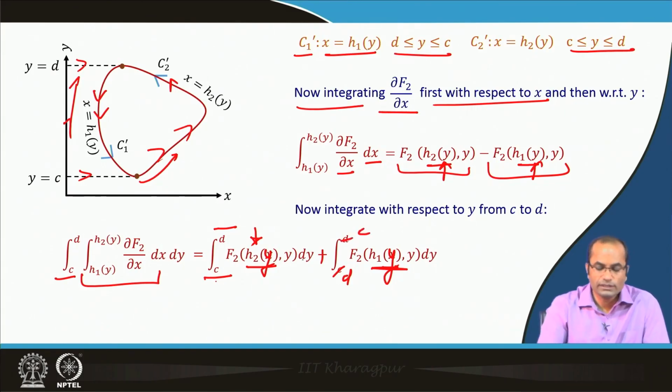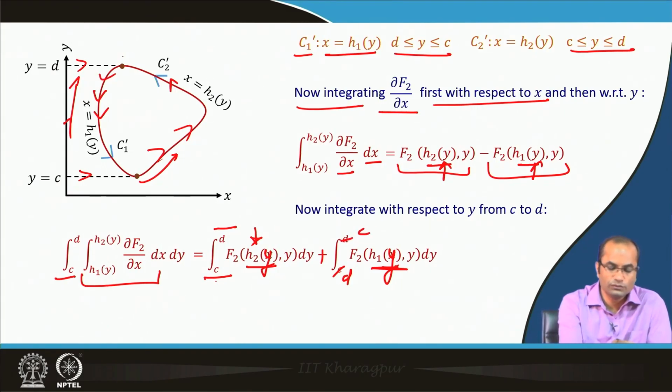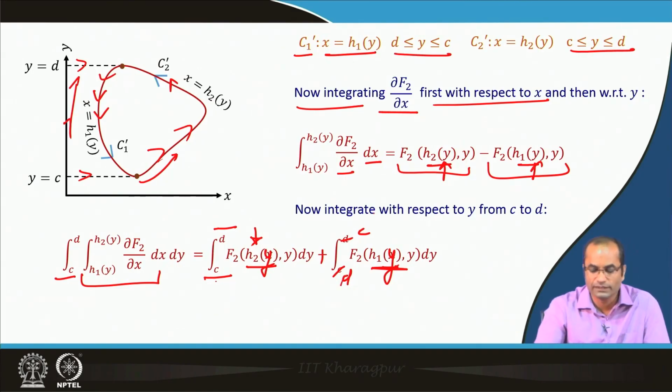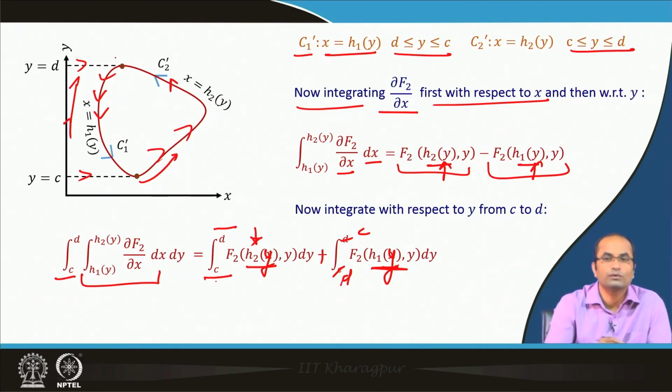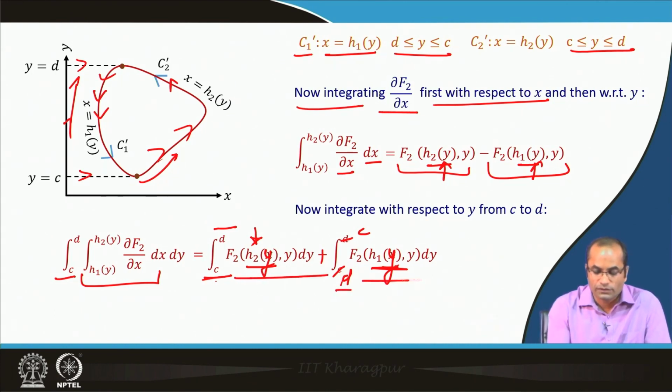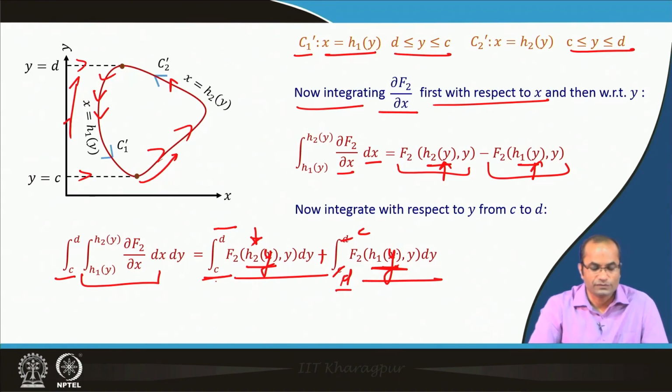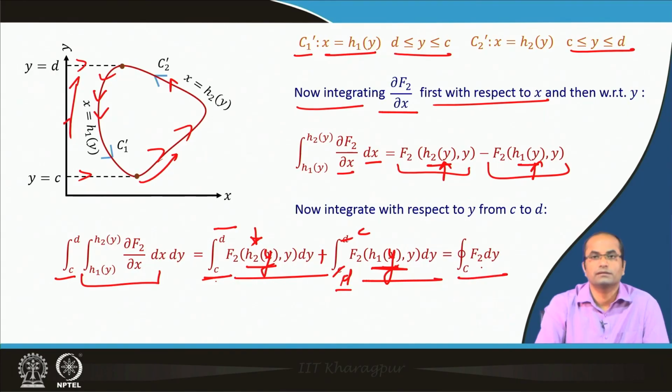So, we have c to d for the C2 curve, and for the C1 curve we have d to c. That means we have a closed curve now from c to d and then d to c on this curve C1 and C2. So, these two integrals will again make the whole closed curve where the f2 is integrated with respect to y.